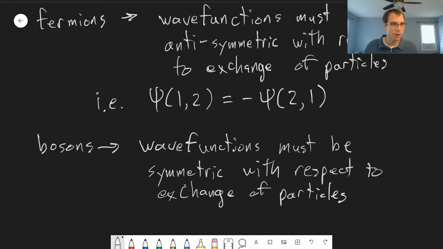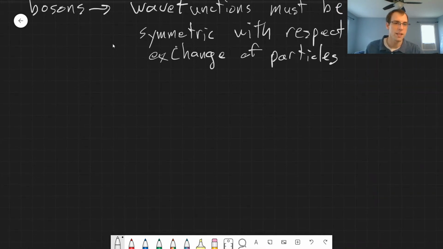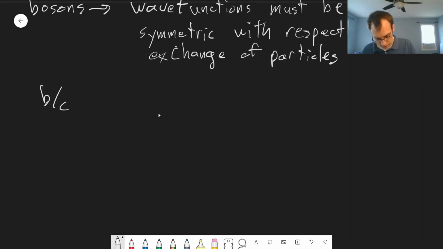Right, caught up with my writing. All right, and so since electrons are fermions, they have to obey this anti-symmetry. If, for example, we had photons instead, they would obey the opposite. They would be symmetric.